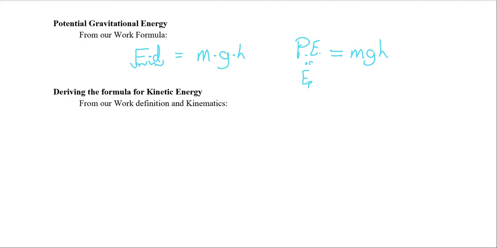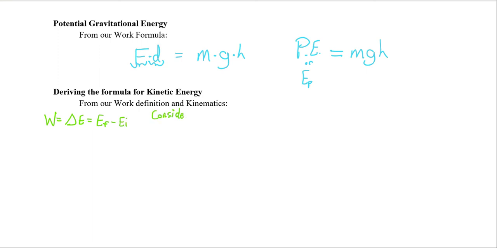We can actually get the formula for kinetic energy by using our definition of work, the change in energy, and kinematics. Work is equal to the change in energy. Change in energy is going to be energy final minus energy initial.